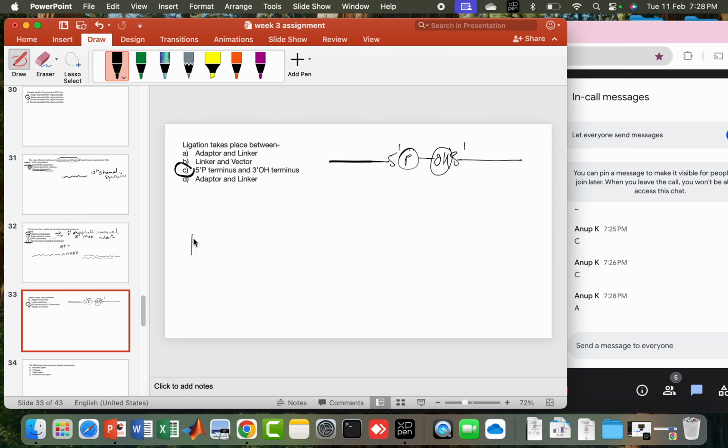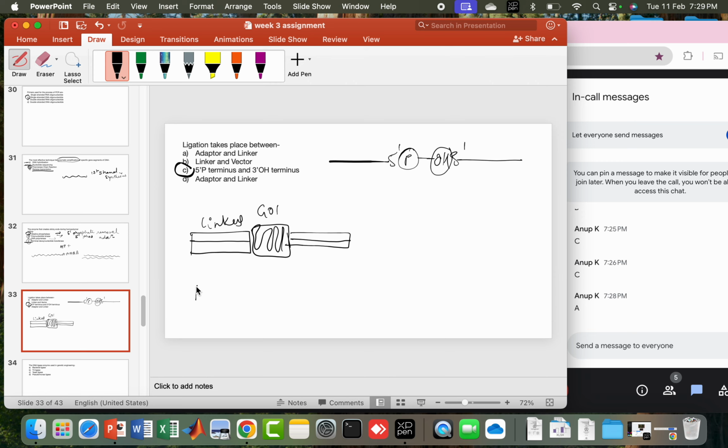Linkers are nothing but chunks of duplex DNA, small fragments of linker DNA which are added to the gene of interest. If this is our gene of interest, let's say GOI, linkers are nothing but small additions onto the gene of interest. And what are adapters?